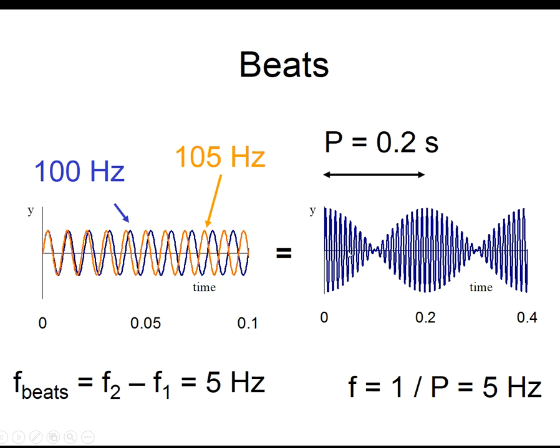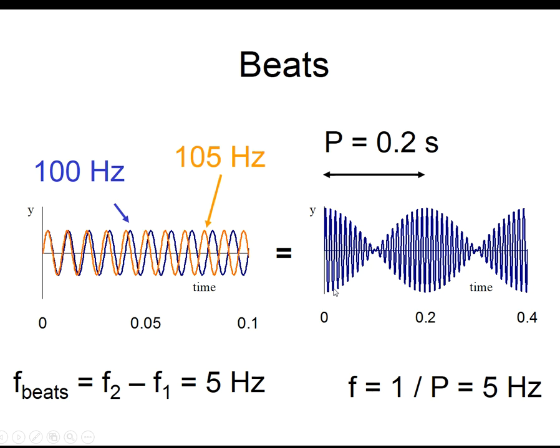And if we watch it long enough, it goes back to a constructive interference again and again. The difference between these two waves is 5 hertz in frequency. So you can immediately read off that the frequency of the beat you're going to hear, in other words, how many times per second it goes from loud to soft and back to loud again, is going to be 5 times per second.